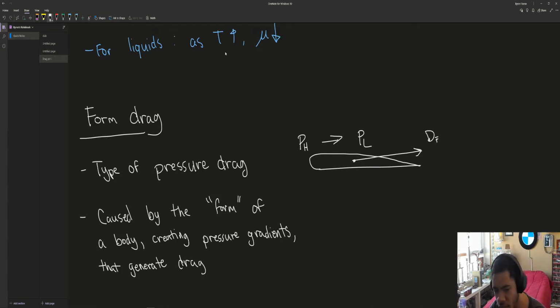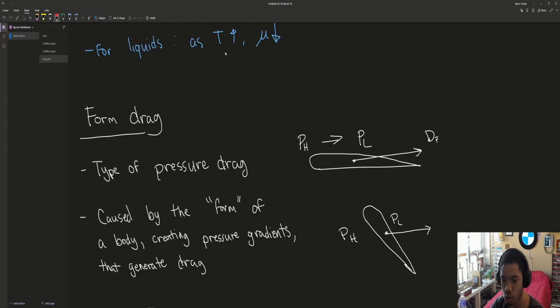Now, let's say we have an airfoil at a really high angle of attack. You're going to have this really high amount of pressure starting out on the front, and this really low amount of pressure in the back. That's going to cause a high amount of form drag that pushes the wing backwards.